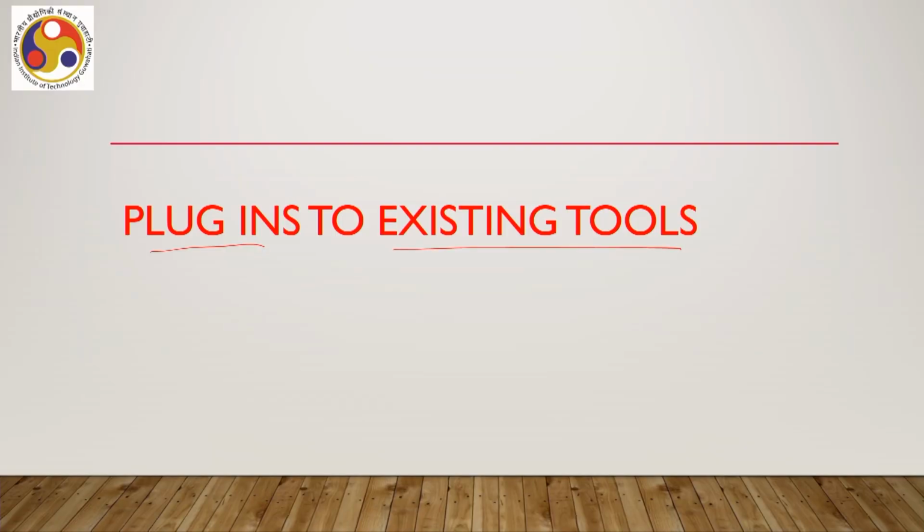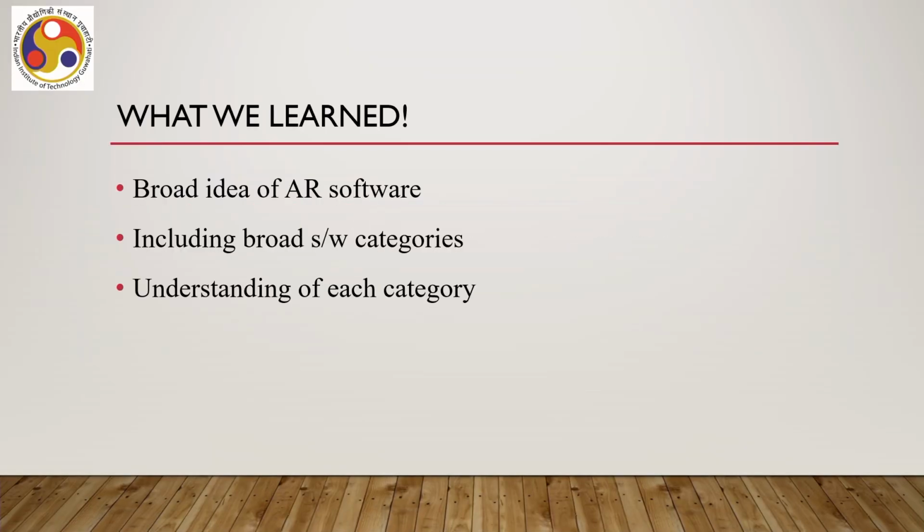At one extreme, we have the highest programming skill required when dealing with low level libraries and frameworks, whereas at the other extreme, we require the least programming skill when dealing with standalone authoring tools. In between, there are other categories such as rapid prototyping tools and plugins to existing systems. We have also gone through the basic idea of each of these categories with some examples to understand them to some extent.